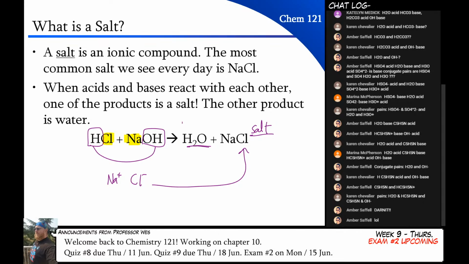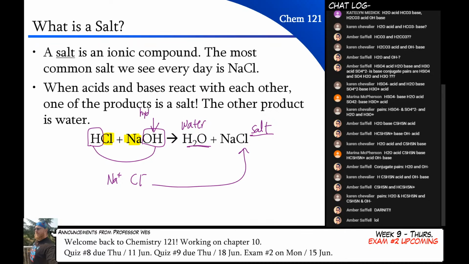So the products of any acid-base neutralization reaction are a water and a salt if the base has hydroxide. And that's really critical. So you can't do this with ammonia. You will not get water. You will get a salt, but you won't get water. However, if you have hydroxide as your base, one of the products will always be water.